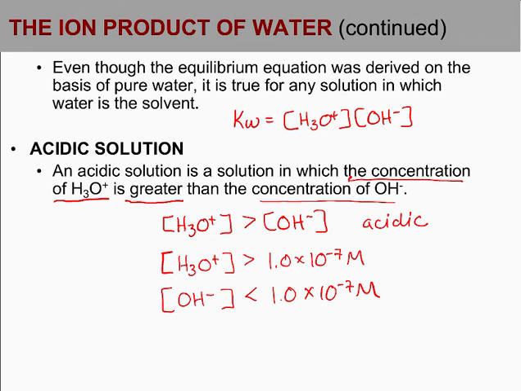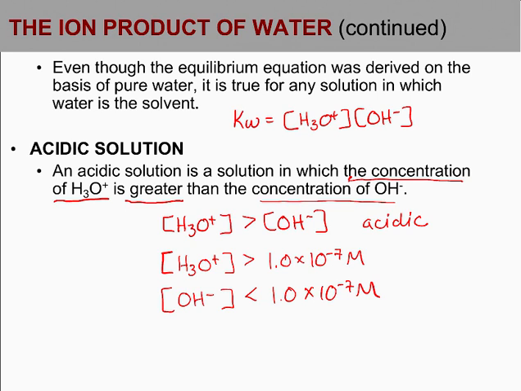So those concentrations, the 1 times 10 to the negative 7th, that indicates we have a completely neutral solution. It's not acidic, it's not basic. However, if the hydronium ion concentration is greater than that, then we get into the acidic solution territory.